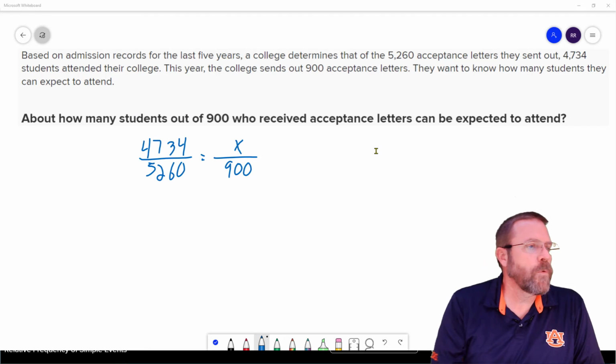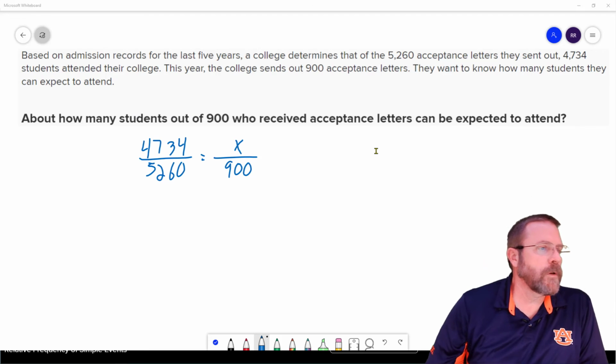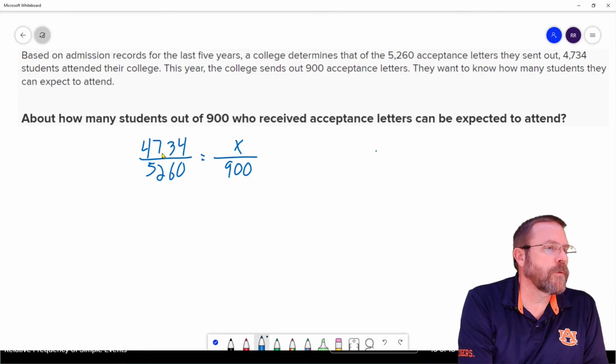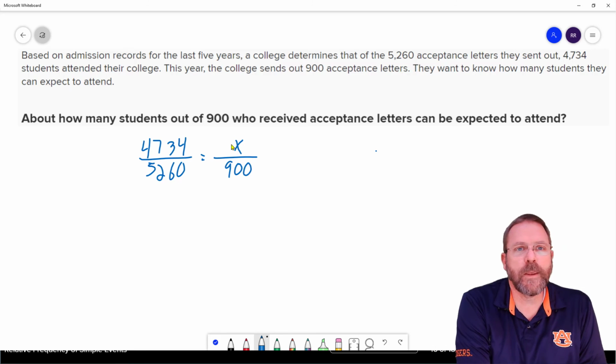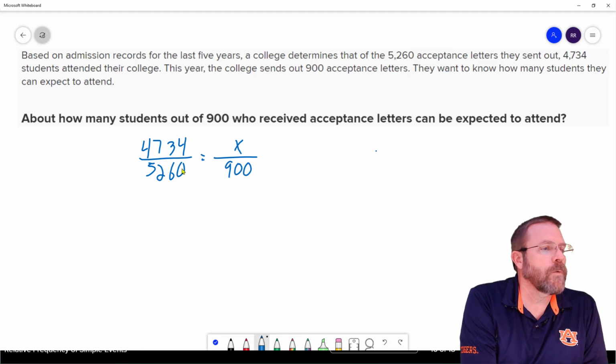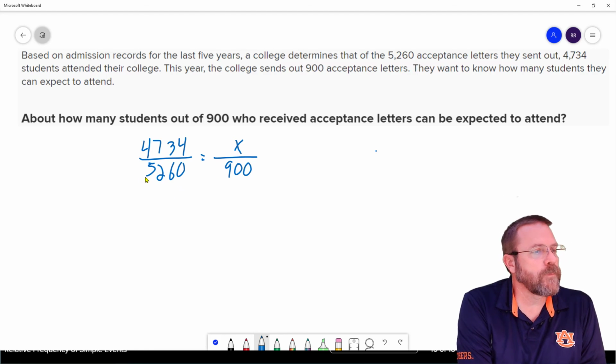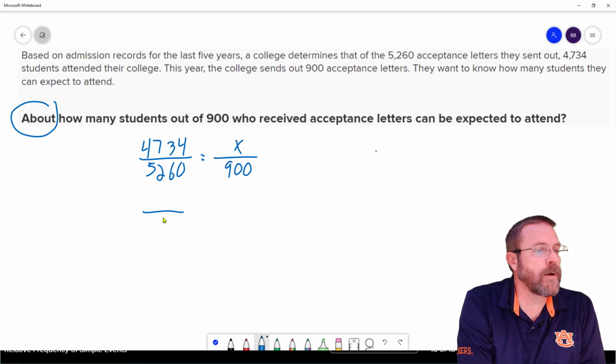So I set up my proportion that said 4,734 compares to 5,260 as x compares to 900. So from here, we're going to do some converting, because we do have that magic word about.